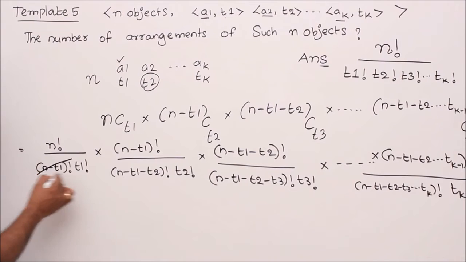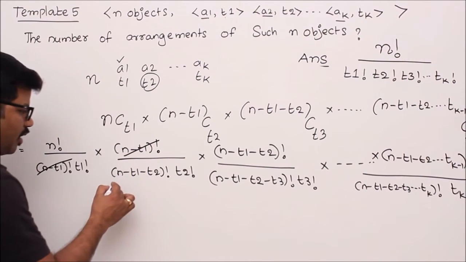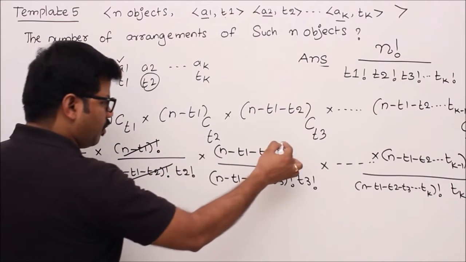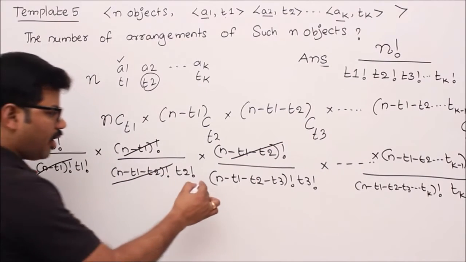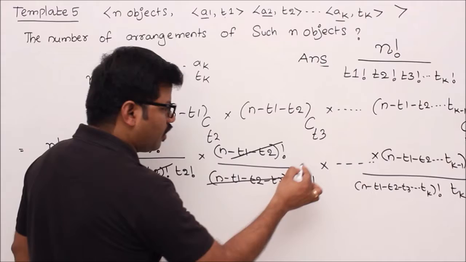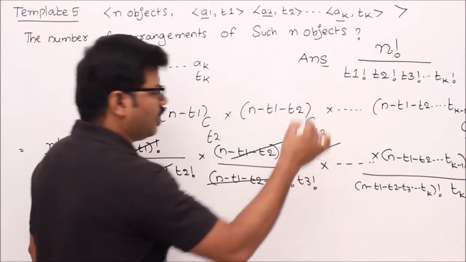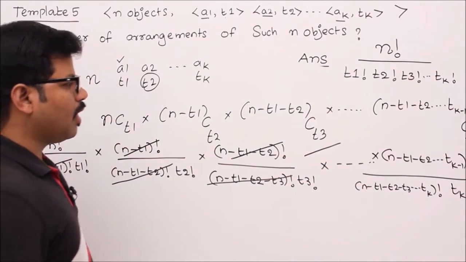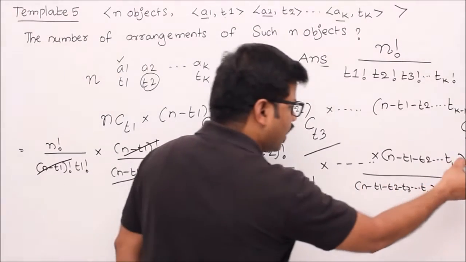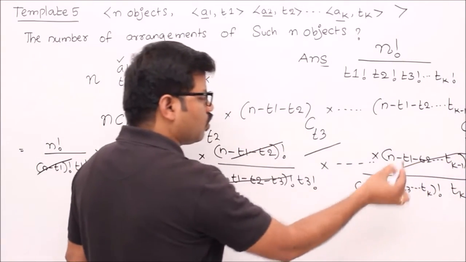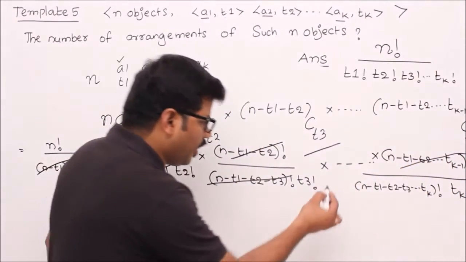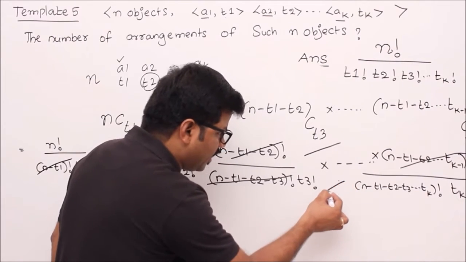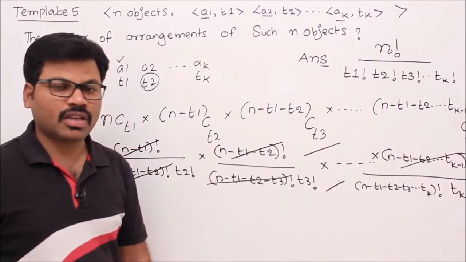N minus t1 factorial and n minus t1 factorial will be cancelled, and n minus t1 minus t2 factorial here and here will be cancelled. Similarly, n minus t1 minus t2 minus t3 factorial is cancelled with the next term's denominator. Then similarly, this n minus t1 minus t2 so on tk minus 1 factorial is cancelled by this preceding denominator.